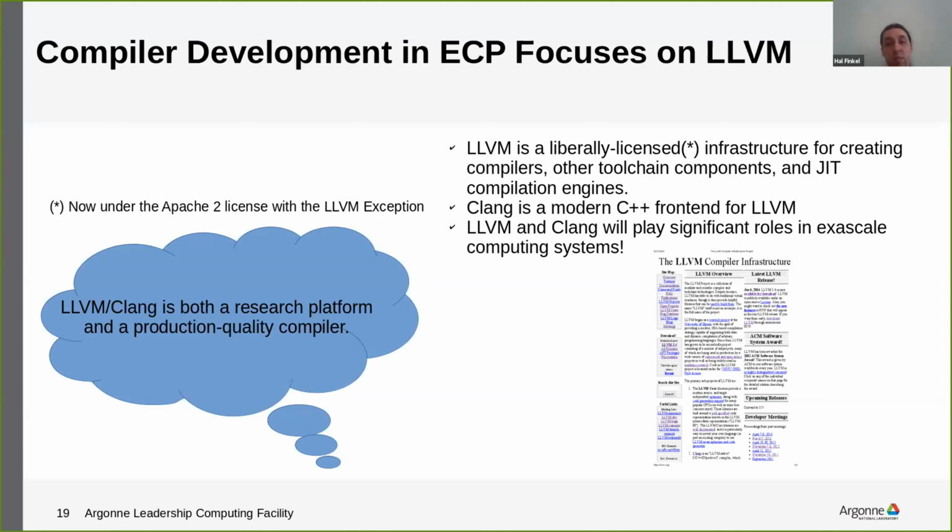So let me take a few minutes and just explain what this is. The LLVM compiler infrastructure is an open source compiler infrastructure. So it's an open source set of libraries and tools that are used to create compilers and other toolchain components across a variety of different architectures. It's liberally licensed and can be incorporated into vendor tools, as well as used in its direct open source form.